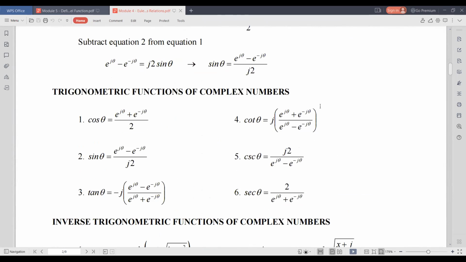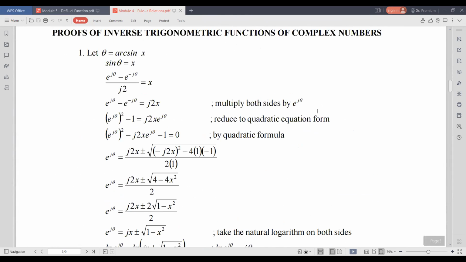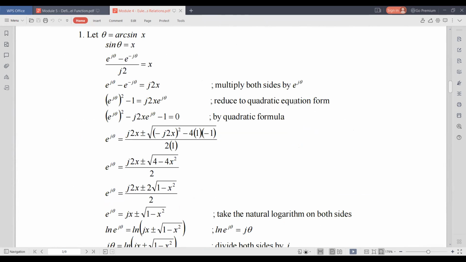Maganda dito. And so I guess nagets yun naman yung step-by-step process dito.